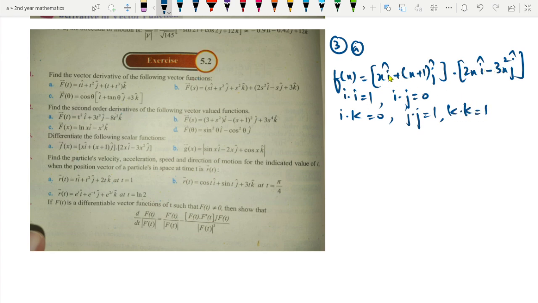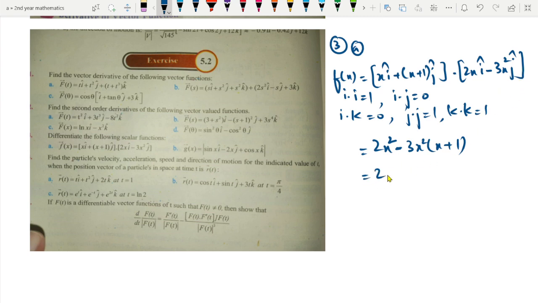So we take this, so this will become x into 2x, this will become 2x square, i dot i is equal to 1, and this multiplied with this will become 0, i dot j is equal to 0, this multiplied with this will also be equal to 0, and this will become minus 3 into x square (x plus 1), j dot j is equal to 1.